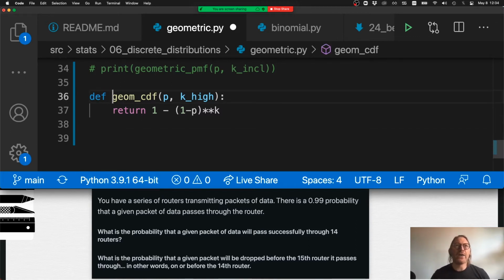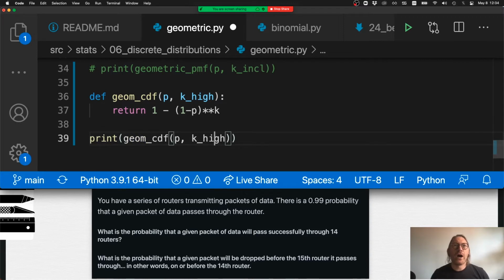And we can answer that very simply with this function. We can print where the probability is 0.01 and k high is just 14, right? So we passed successfully through 14.